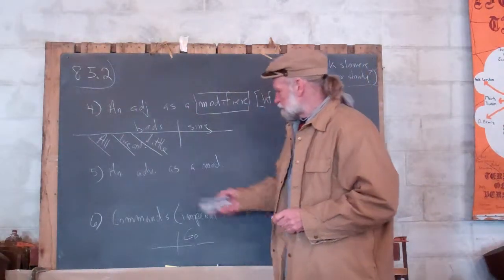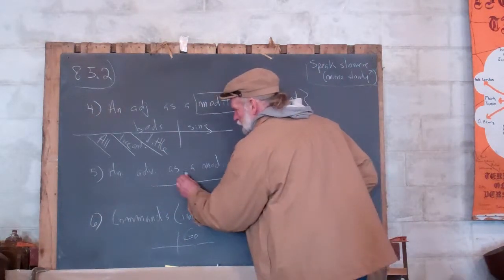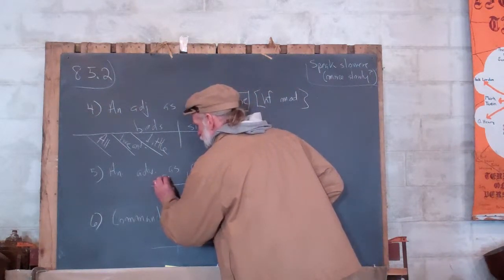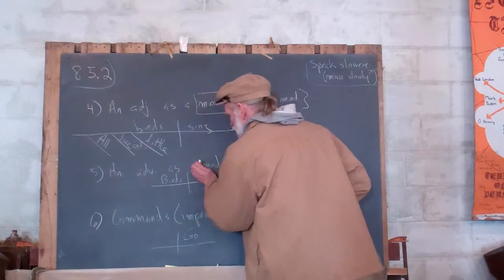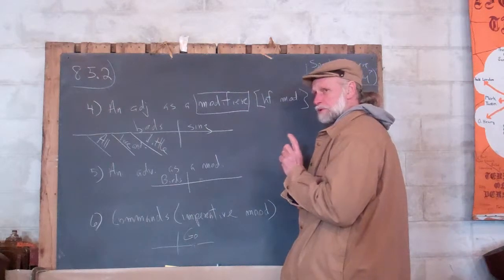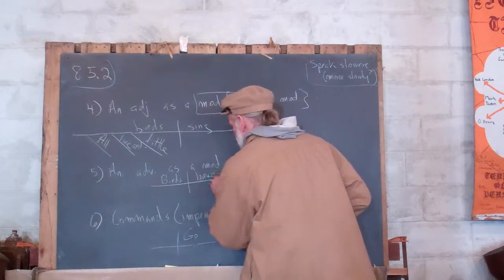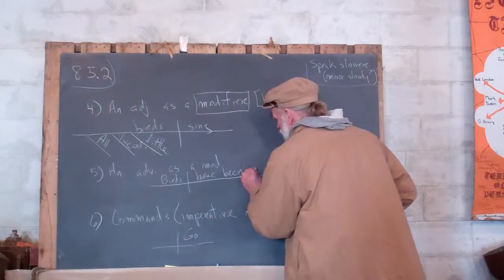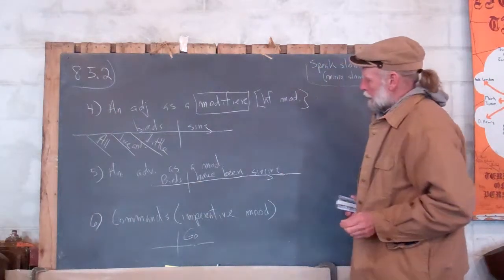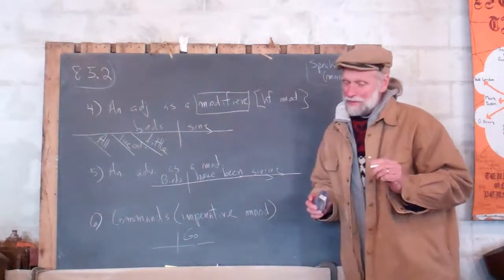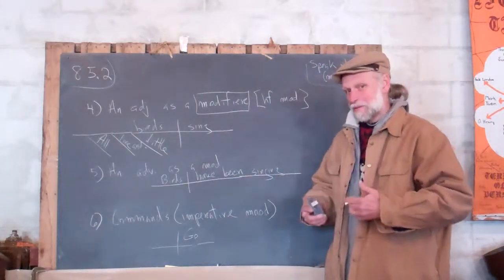Well, an adverb can also act as a modifier. If we took that sentence and said, let's go back to just birds. Birds sing. As a matter of fact, I want to change that. Birds have been singing. Well, one of the things that I run into when I teach this is kids, they want a diagram.